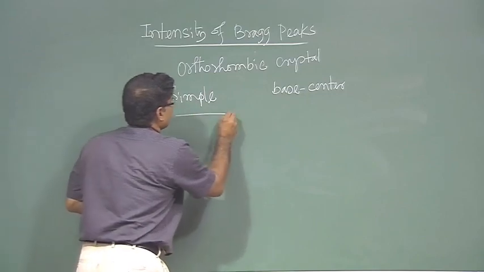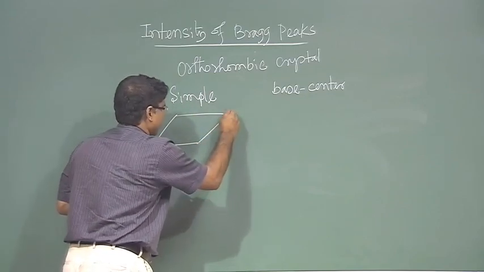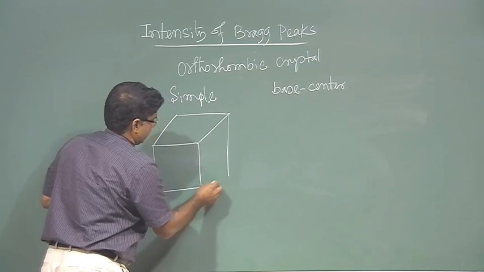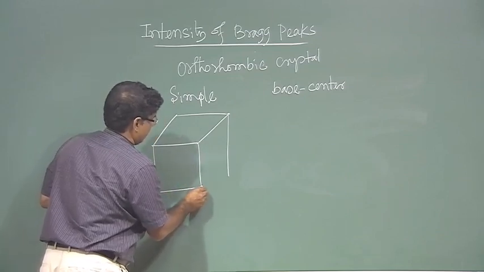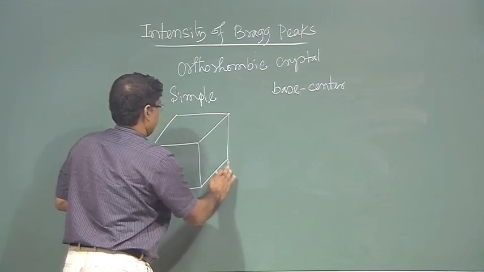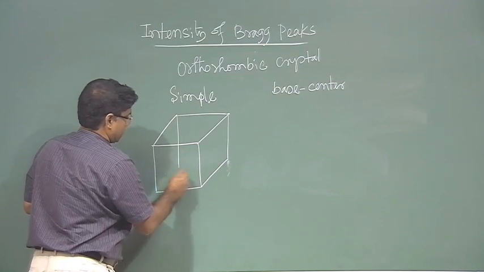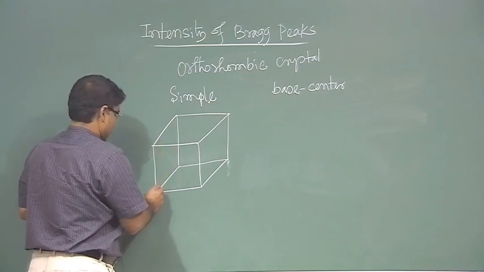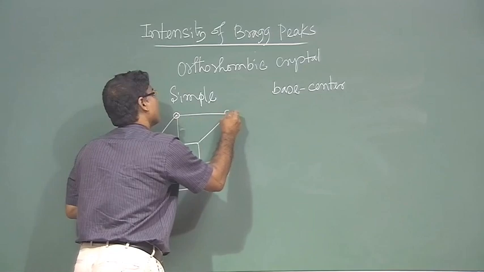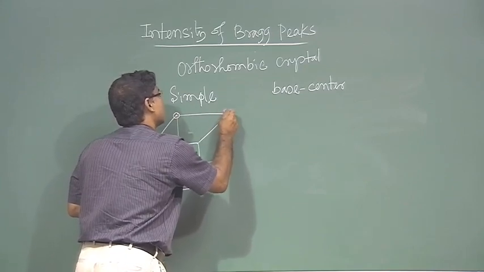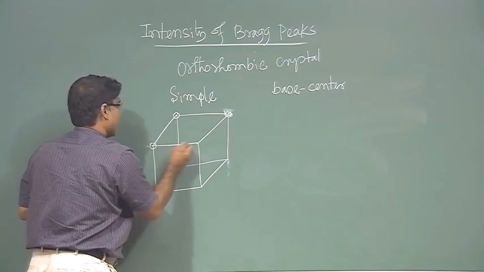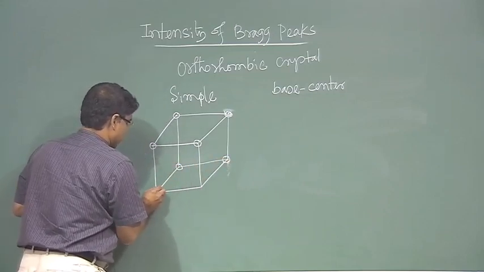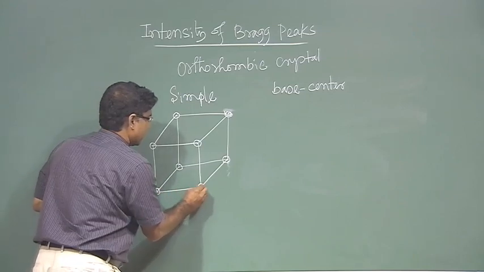so basically 4 atoms or 4 lattice points, not 4, 8 corners, 8 lattice points or atoms at 8 corners.